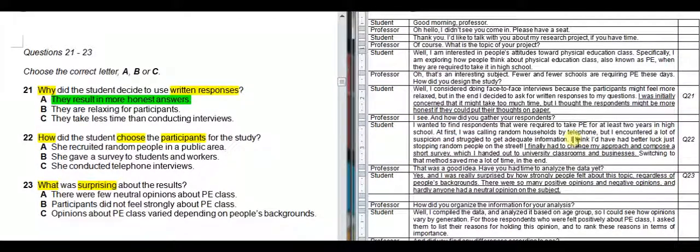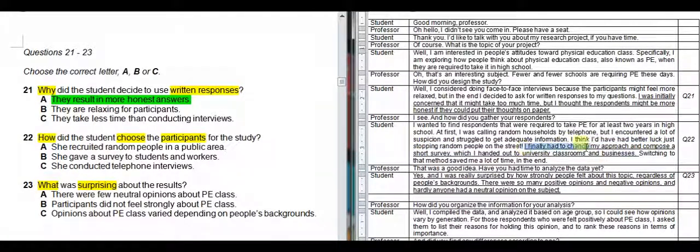I think I'd have had better luck just stopping random people on the street." Okay, random people, public area, but this is actually a kind of joke here. The student there is kind of making a joke to the professor, saying the telephone interviews were so unsuccessful that even just a street interview would be better.